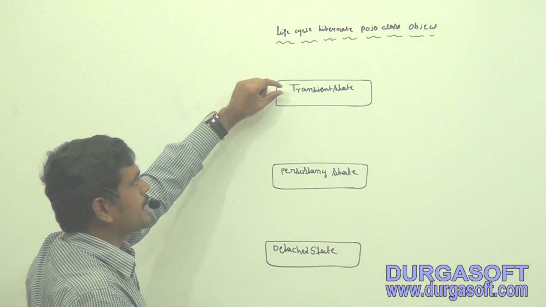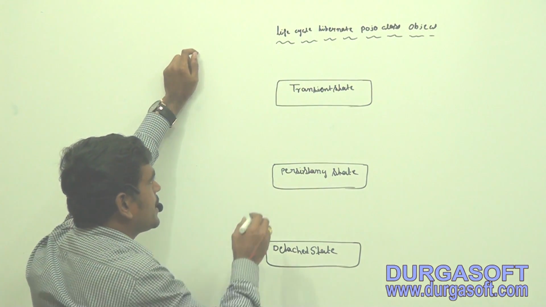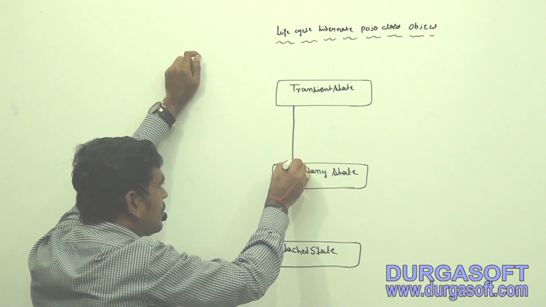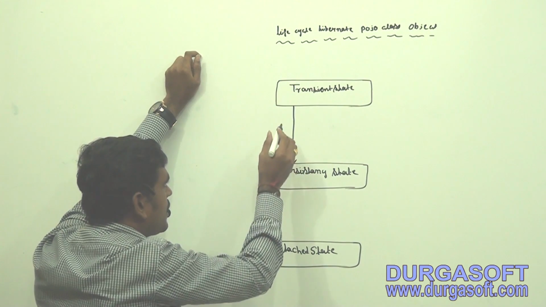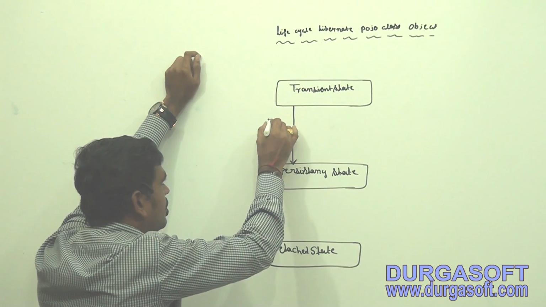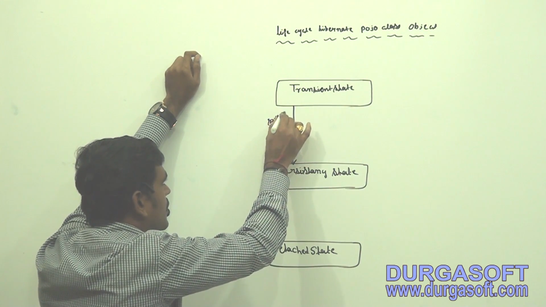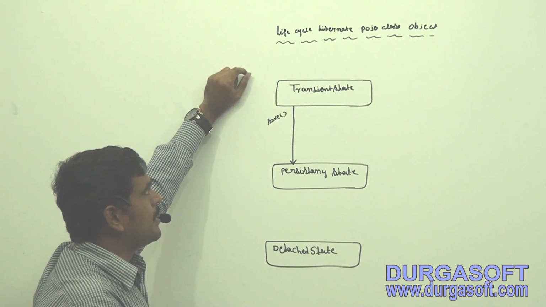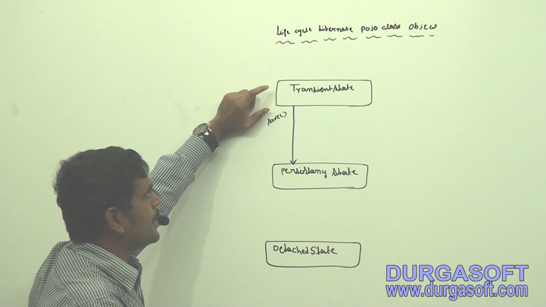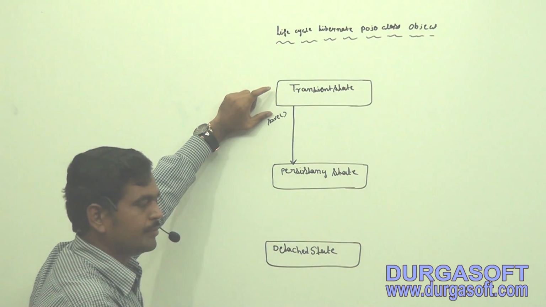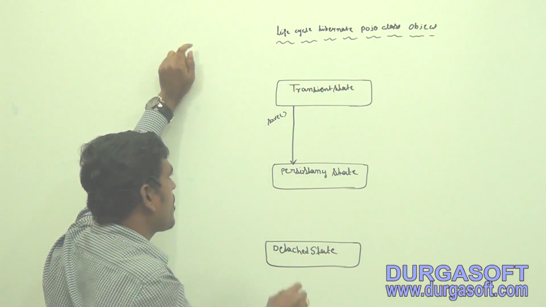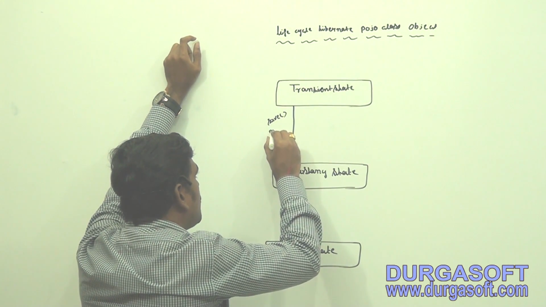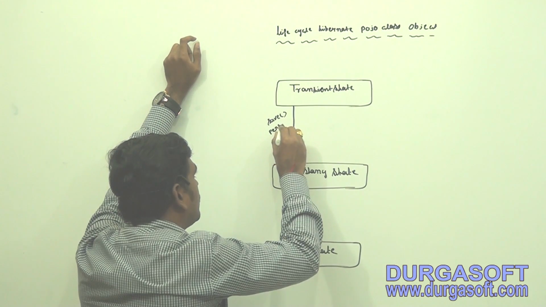When our object becomes transient state to persistent state, whenever we are using the save method, then this object becomes transient state to persistent state. Otherwise, Hibernate 4.x uses one more method, that is the persist method.